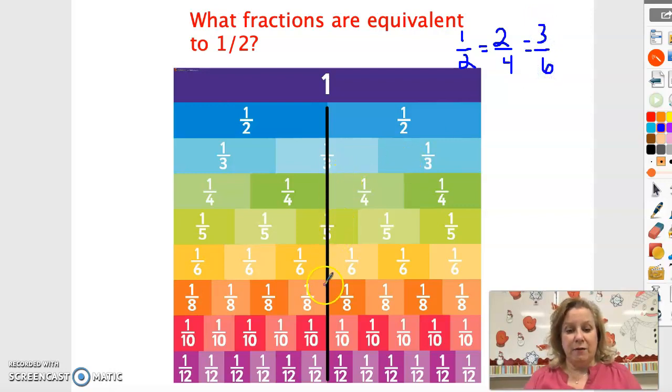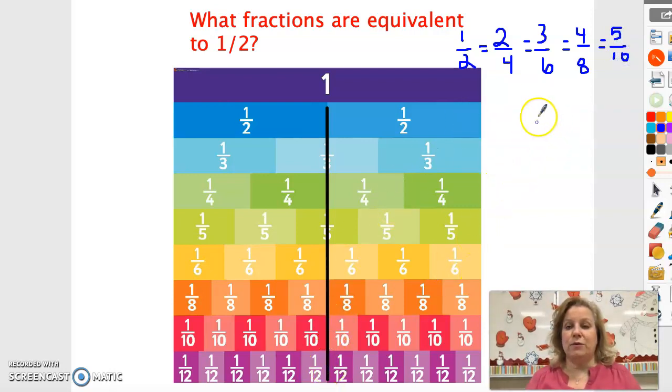And if I keep going down, if I look at my eighths, it actually ends at 1, 2, 3, 4/8. So 1/2 is equal to 4/8. Then if I keep going down to my tenths, again, it's on the line. So 1/2 is equal to 1, 2, 3, 4, 5 tenths. And then if I look at my 12ths, yep, that's on the line too.